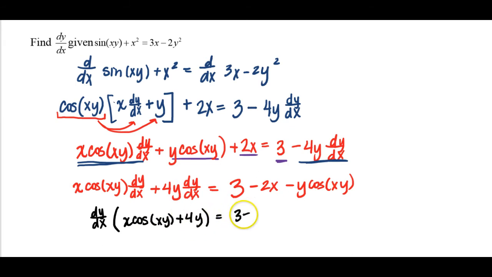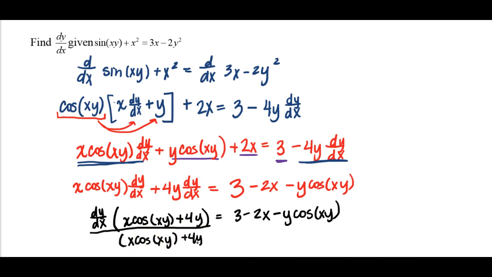And on the right, that whole thing is left, 3 minus 2x minus y cosine xy. So to get dy dx by itself, we divide the whole entire thing by x cosine xy plus 4y. And then that big, long, ugly thing is your answer, x cosine xy plus 4y in the denominator.